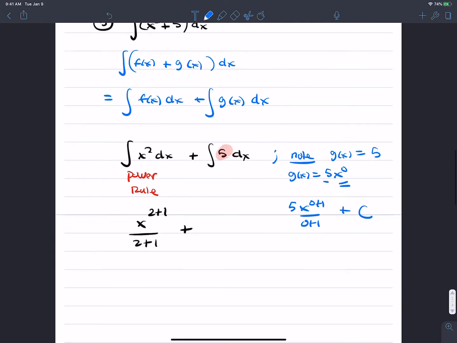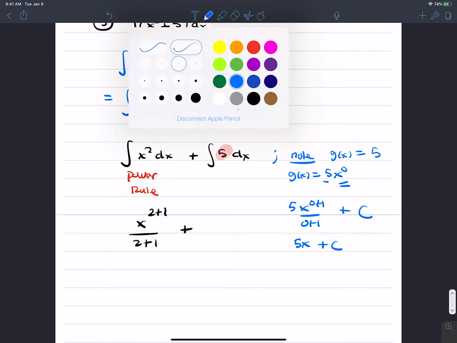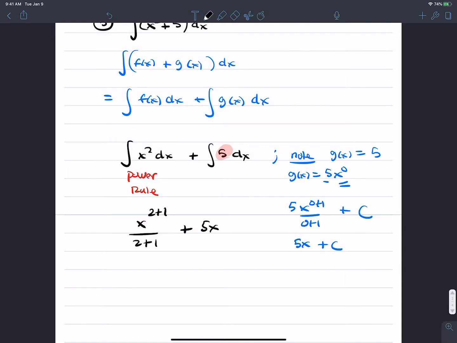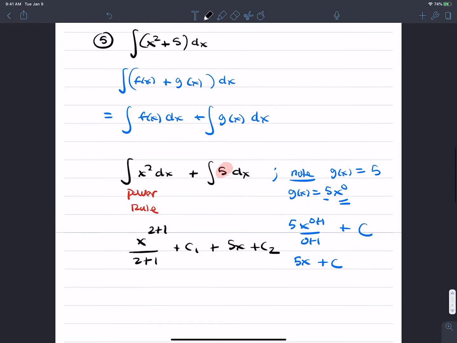So is that just 5x plus c? The answer is yes. So for the second antiderivative, it's just 5x. Now they both have constants. If we really went through every detail, this is plus the first constant, and then this is 5x plus the second constant. We need to go through these details.